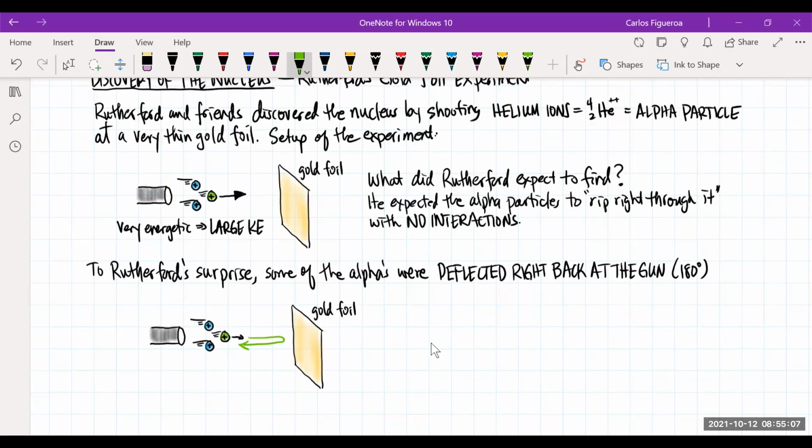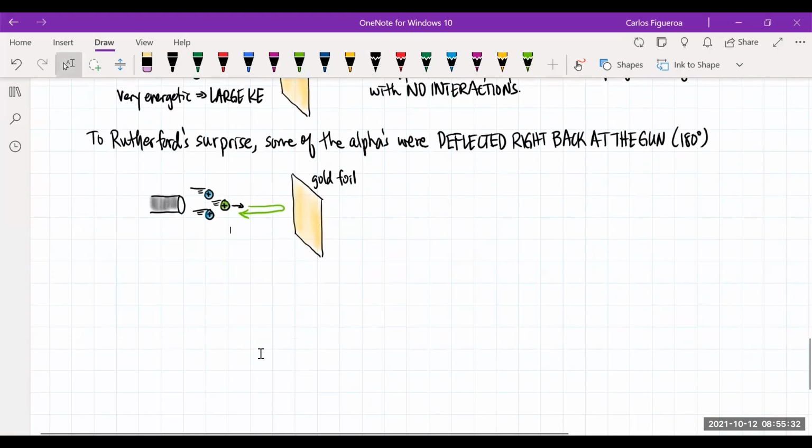This was a shock, right? You're shooting something at tissue paper, something that's super fragile, super thin, and it should never deflect something back like this ever.